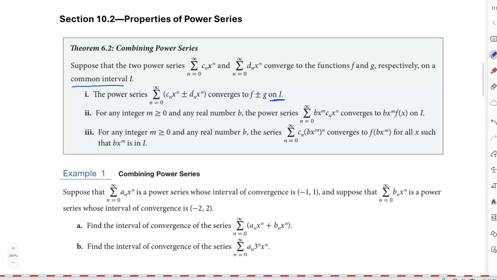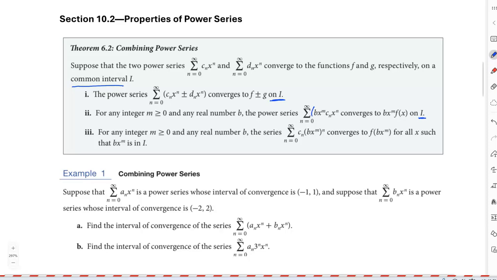Part 2. For any integer m greater than or equal to 0 and any real number b, the power series, the sum from n equals 0 to infinity of b times x to the m times c sub n x to the n converges to b x to the m times f of x on that common interval I. So here we're multiplying inside of that series.